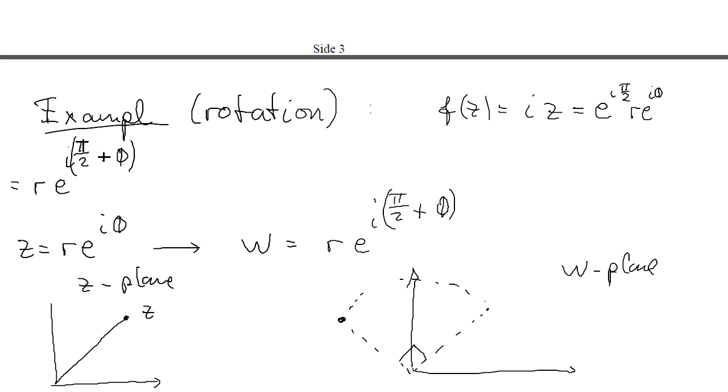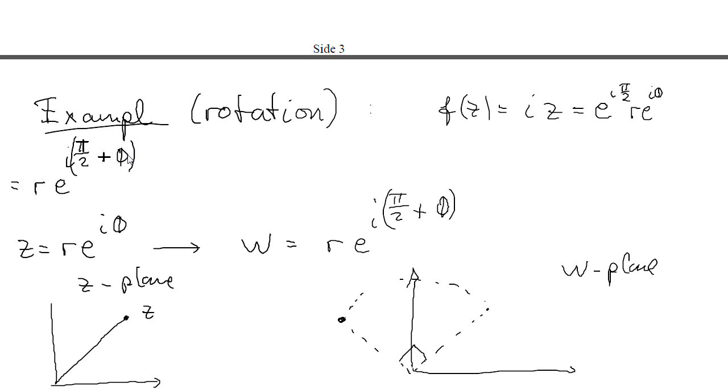Here you see an example of a rotation, f of z equal to i z. i is equal to the exponential function e to the power of i pi over 2, and we multiply this with z, which we can translate in polar form like this, and then we obtain r multiplied with e to the i pi over 2 plus phi.